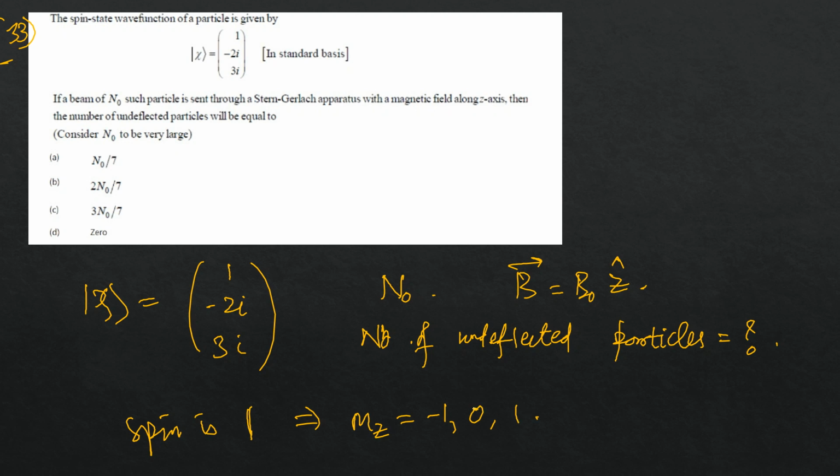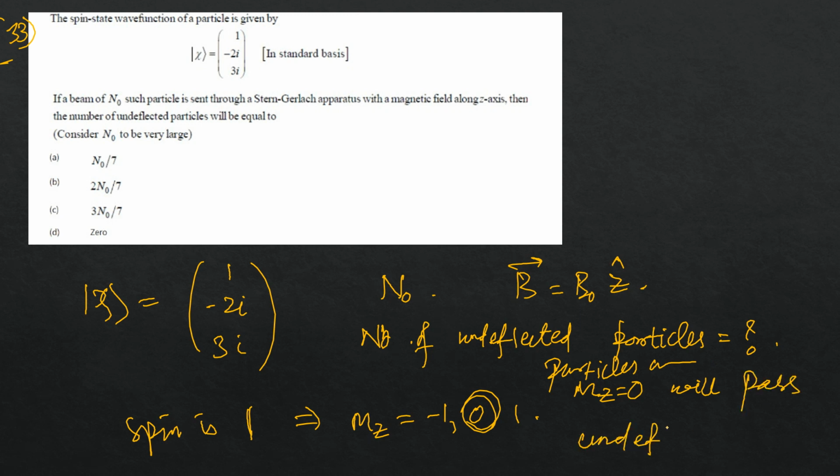Since the magnetic field of the Stern-Gerlach experiment is in the Z direction, Z axis, the particles with mz equal to 0 will pass undeflected. Okay. So for this one it is what?